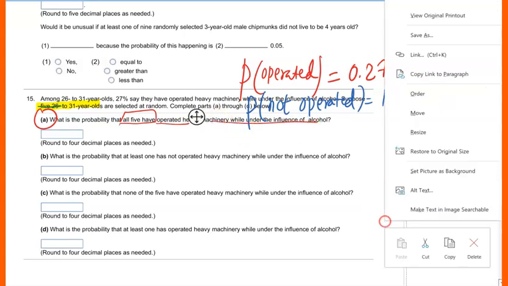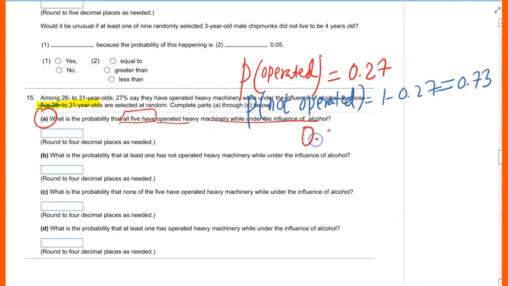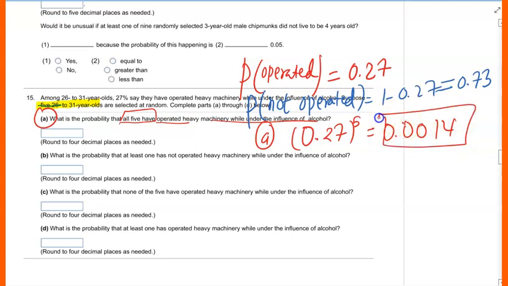That means you have to do 0.27 to the power 5 for part A. You multiply 0.27 five times, raising 0.27 to the power 5. Using a calculator, you get 0.0014. When you round it to 4 decimal places, the answer is 0.0014.